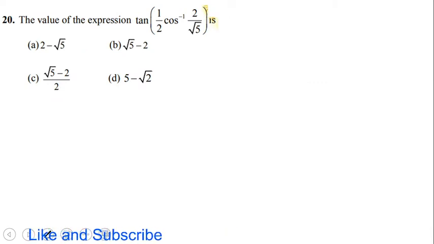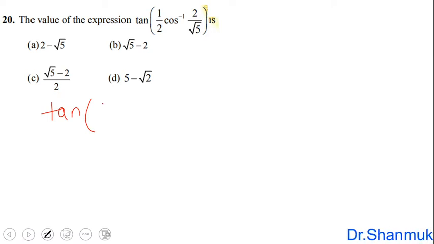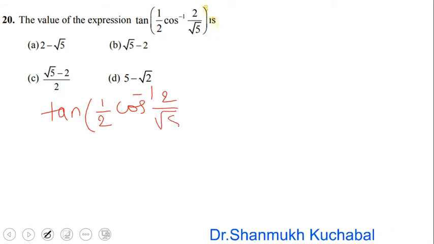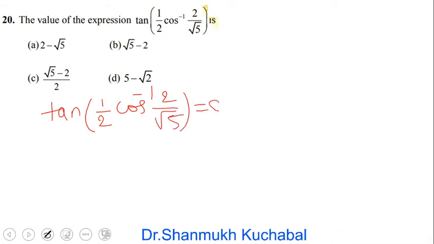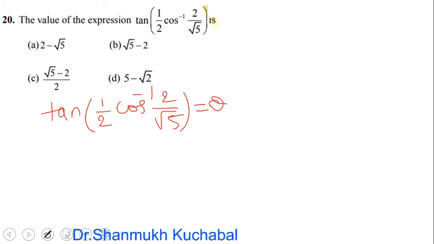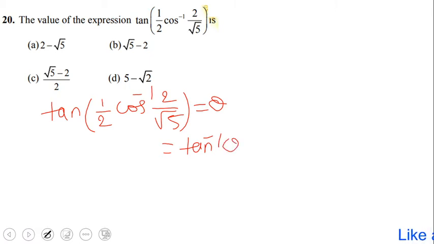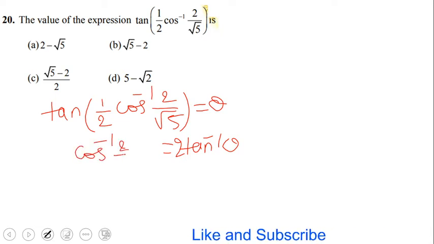The value of the expression tan of 1 by 2 cos inverse 2 by root 5 you have to calculate. For this I am going to take it as theta. This tan on the LHS, I transpose it to the RHS, it will become tan inverse. So tan inverse theta, divided by 2, we get on the LHS cos inverse 2 by root 5.